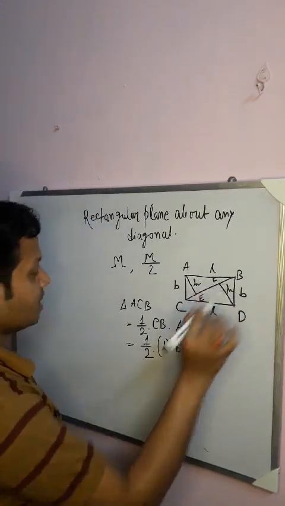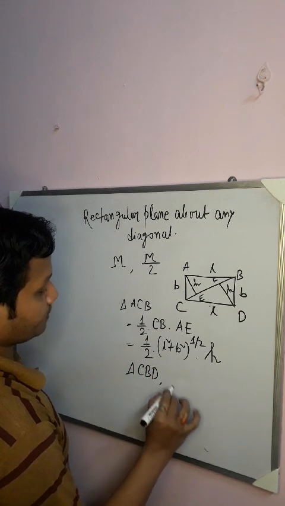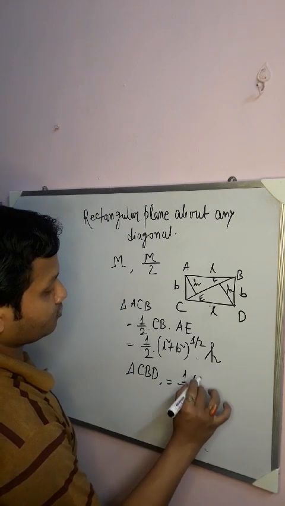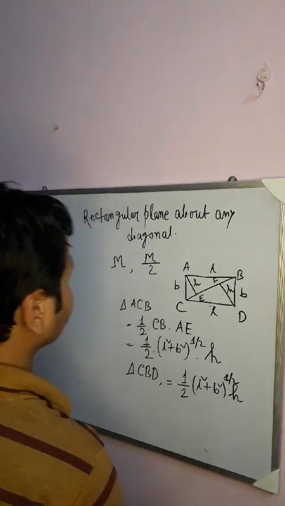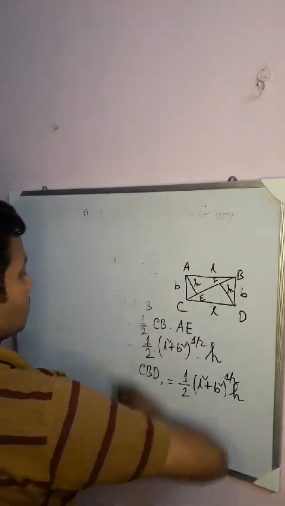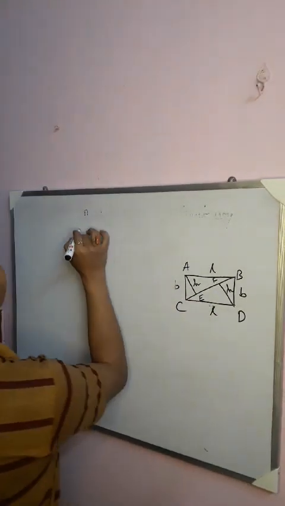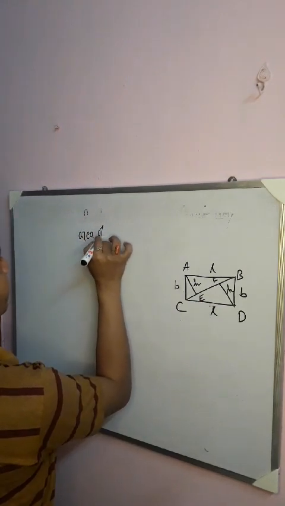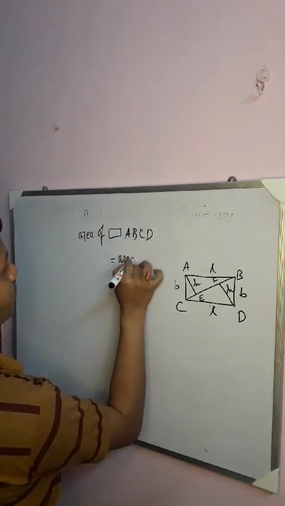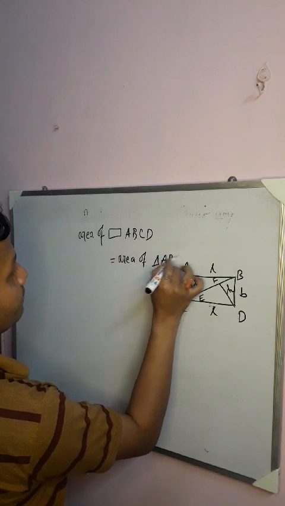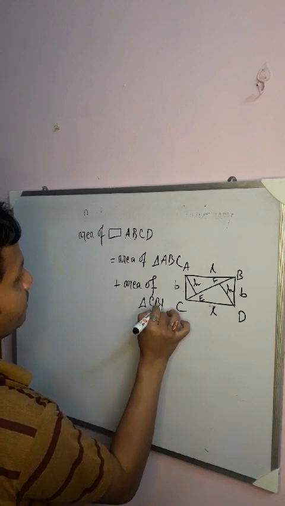Okay. Now similarly, what is the area of the triangle CBD? This is also the same. Half into L square plus B square whole to the power half into H. Now from the figure we can write the area of ABCD simply equals the area of triangle ABC plus the area of triangle CBD.